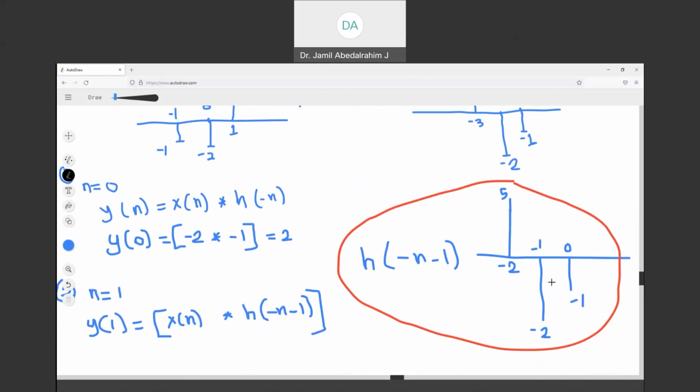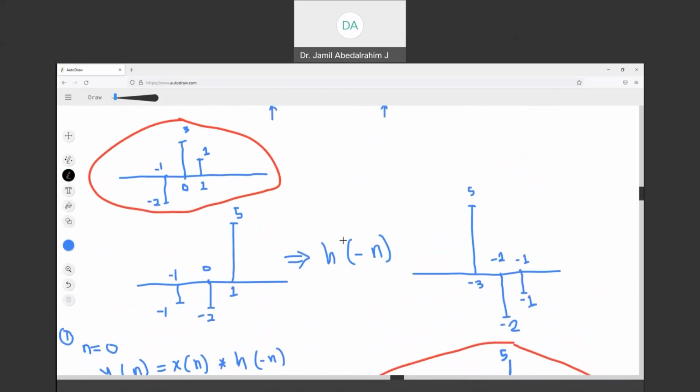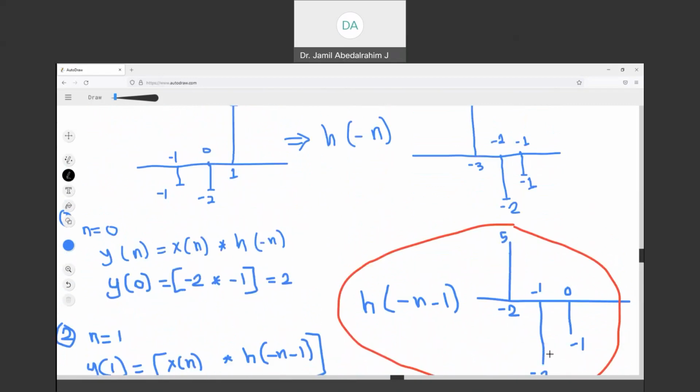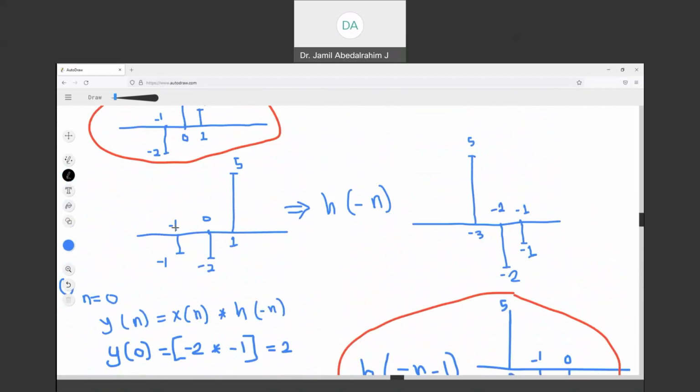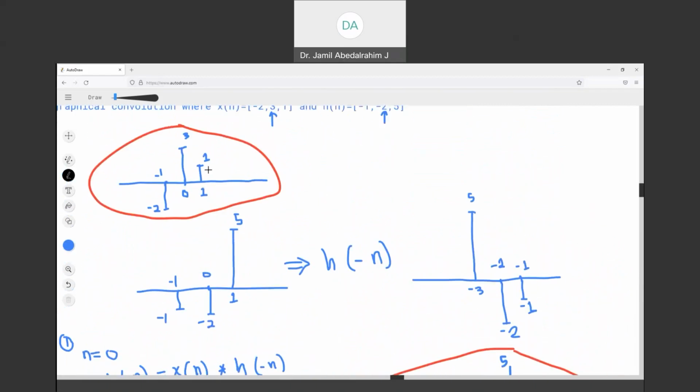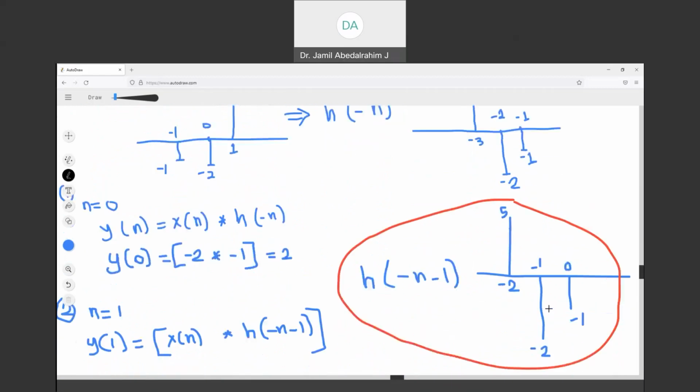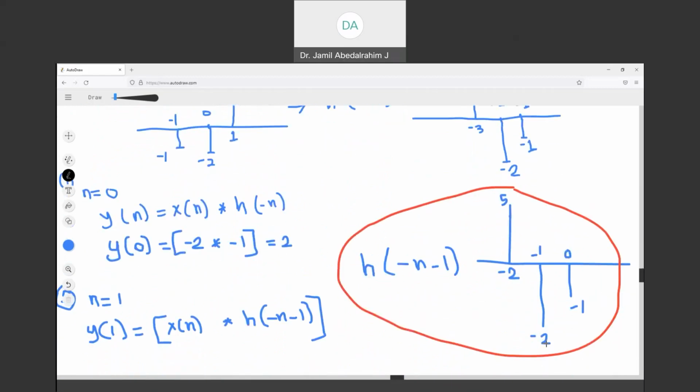So here we multiply these signals. So 3 multiplied by negative 1, and at negative 1, minus 2 multiplied by minus 2.